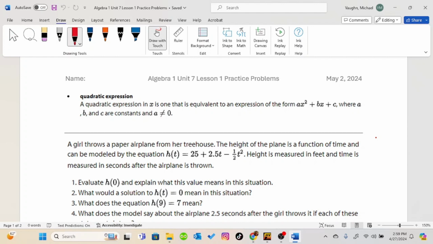So the key part of that is that there needs to be an x squared term, and that cannot have a term that is any larger than x squared. You could have just an x squared term if b and c are 0, but you must have an x squared term, and it must be the largest power term in the expression.